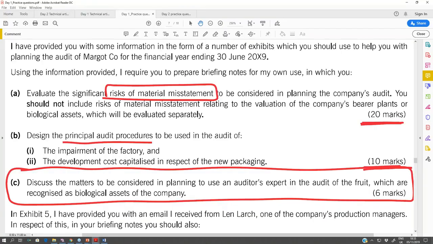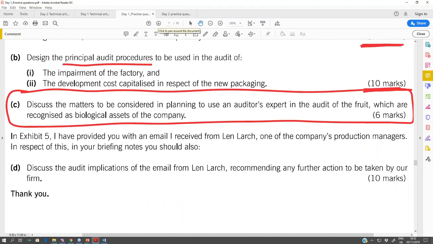Now, when you look at the next part of the June 19 exams, it says, in Exhibit 5, I have provided you with an email I received from Len Larch, one of the company's production managers. So the partner has received an email from Len Larch, one of the company's production managers.